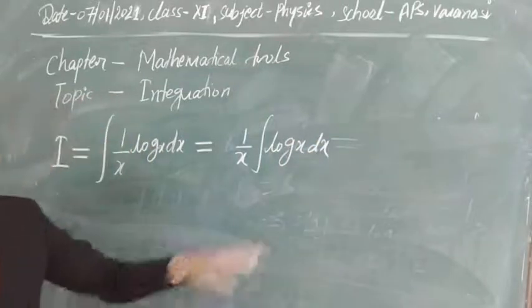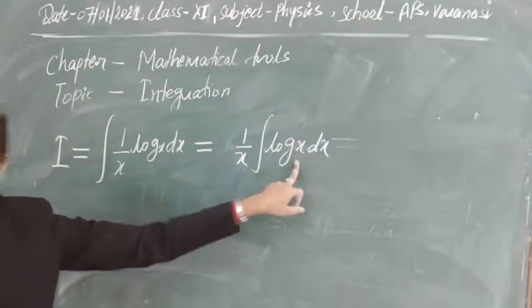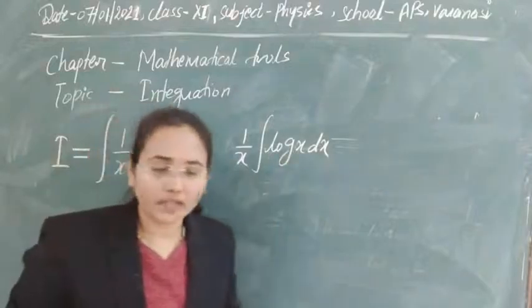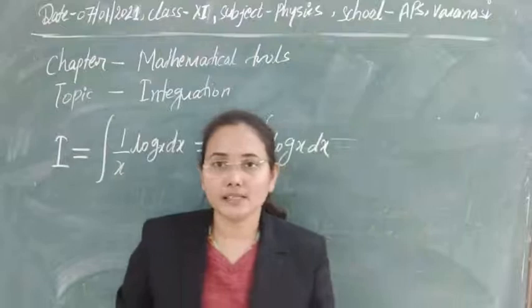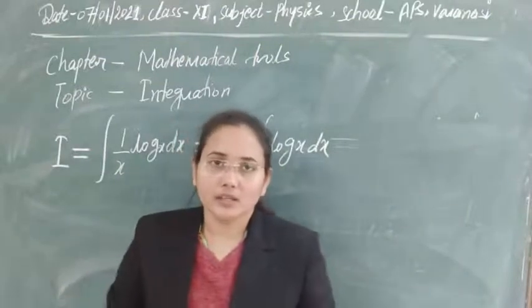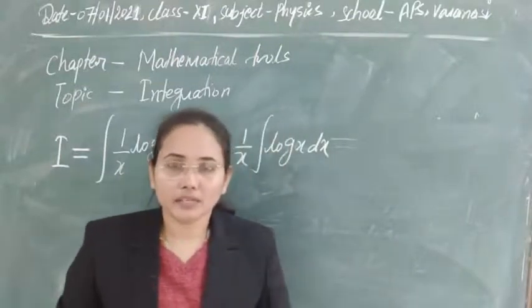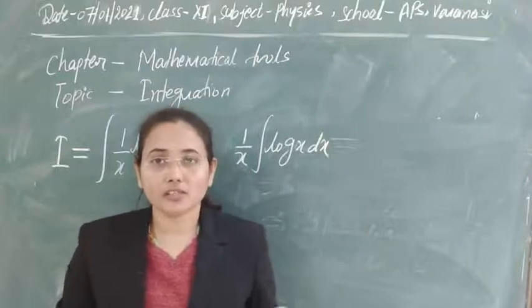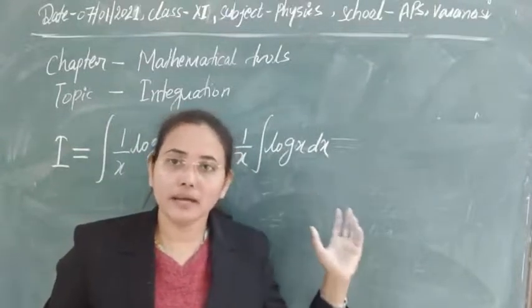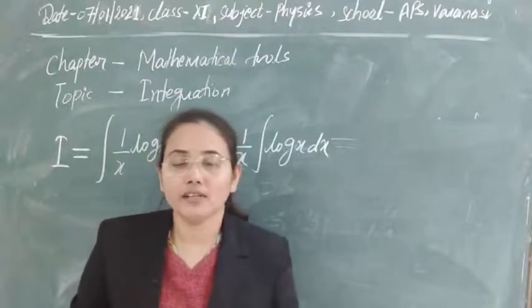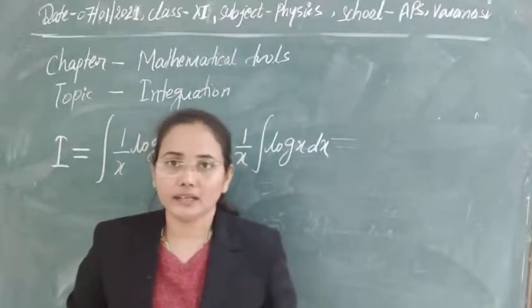First of all, the integration of log x is complicated. That's why we always try to reduce such types of complications for our calculation. So the reason is that you have to understand which function you have to take outside.